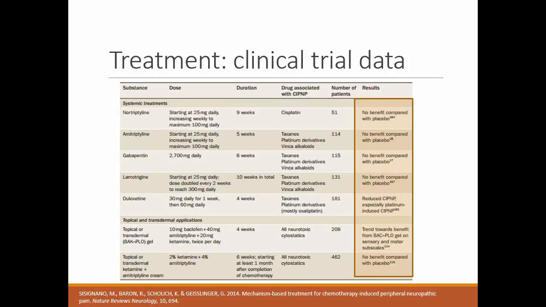We don't really know. And just at the bottom here, we have 2 topical transdermal preparations. One is a baclofen, amitriptyline, ketamine mix, and again, promising signs, whereas the amitriptyline ketamine mix shows no benefit compared to placebo. So what is it about the first one? Is it the baclofen, or is it the combination of all three that has the effect?